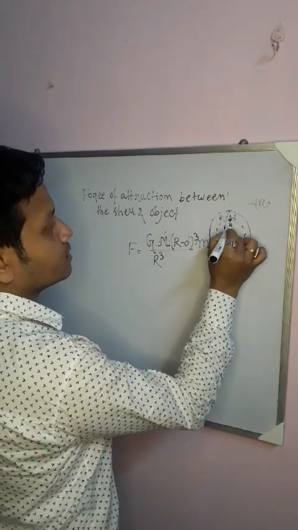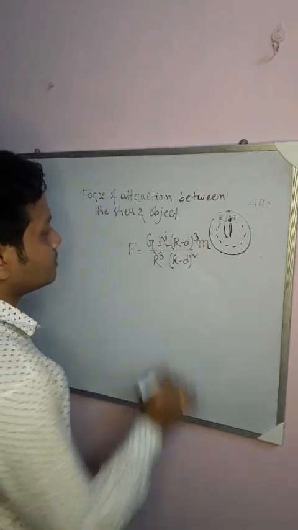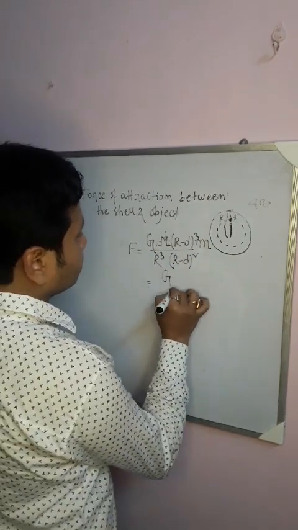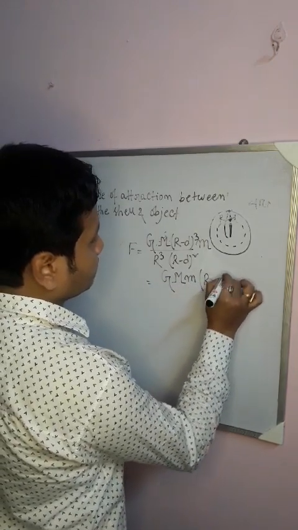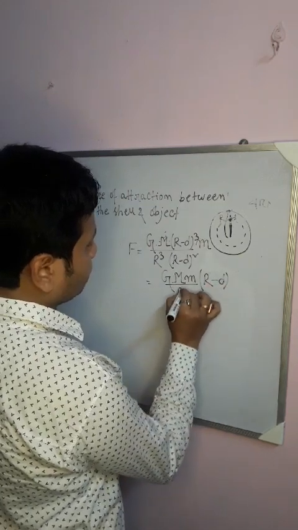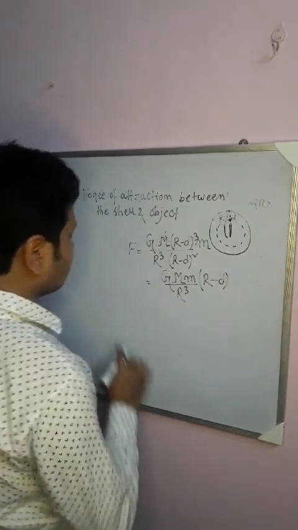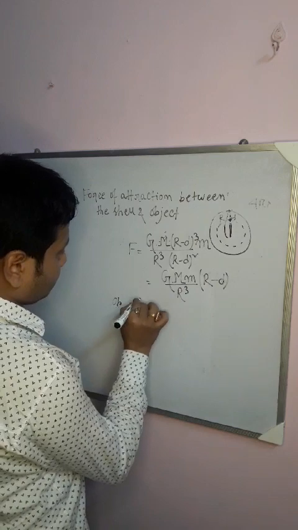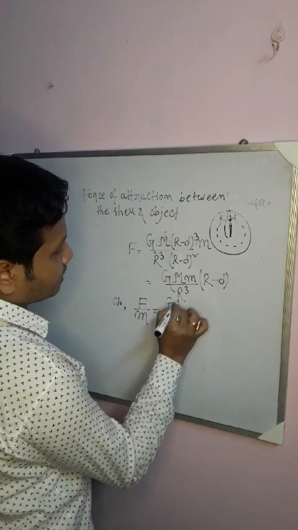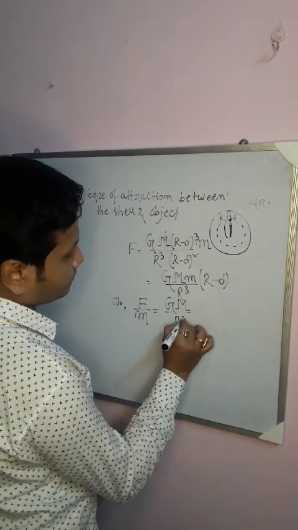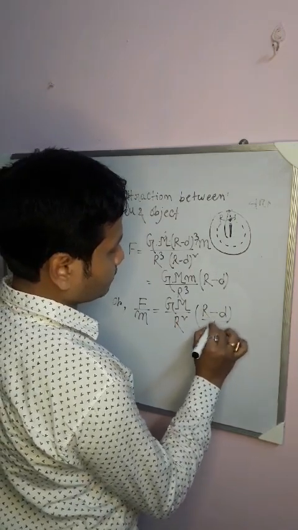The object is located here, and this distance is r minus d, so (r minus d) whole square. If we simplify it, we get G M m into (r minus d) by r cube. Now if we take m to the LHS, it will be F by m, and this can be written as GM by r square into (r minus d) upon r.